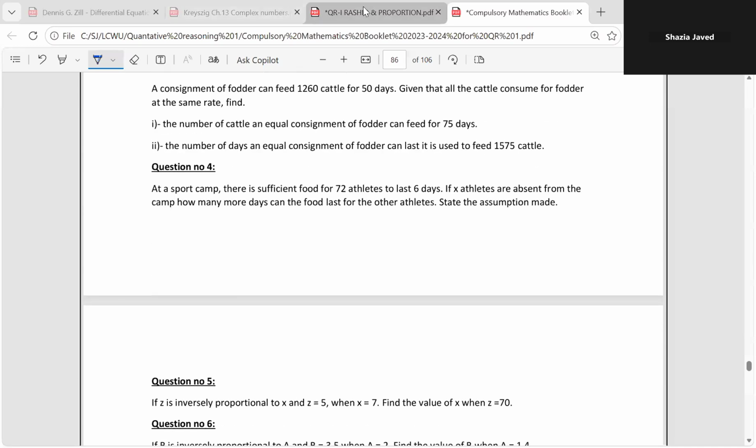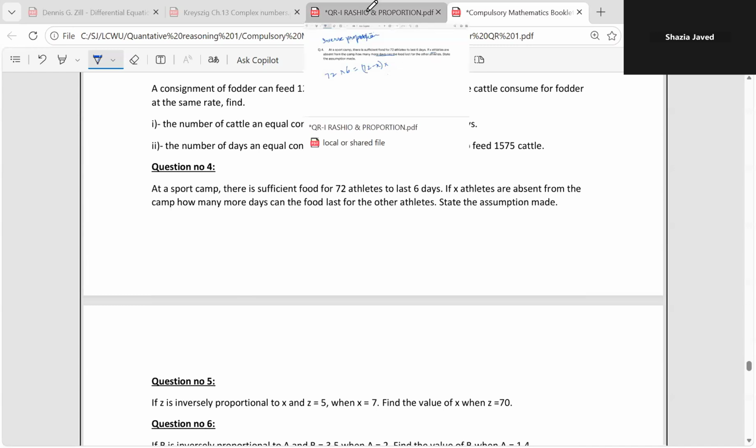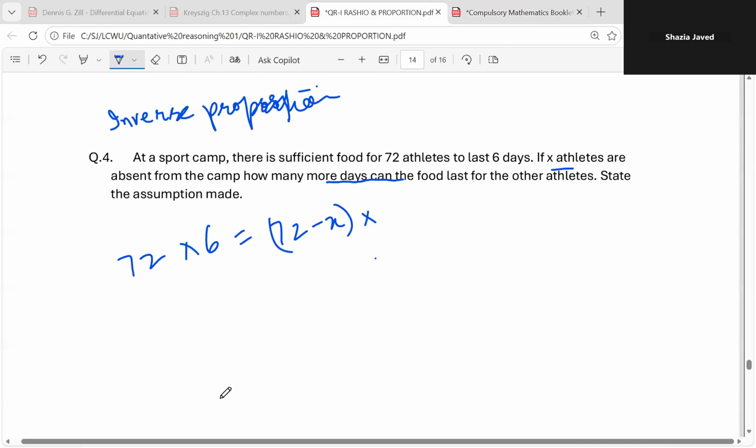Before writing this equation, I will make an assumption.